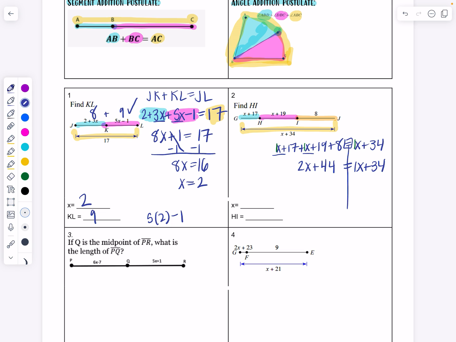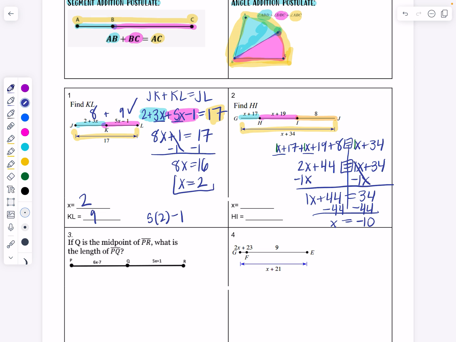And then we're going to get our variables on the same side. So I'm going to go minus 1x, and so I get 1x plus 44 equals 34. And then I'm going to subtract 44 from both sides, and I get that 1x is equal to negative 10.